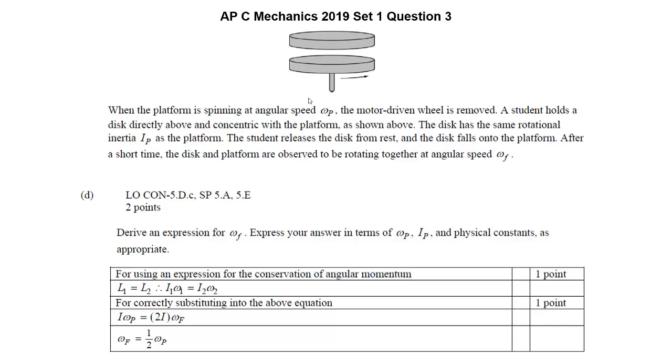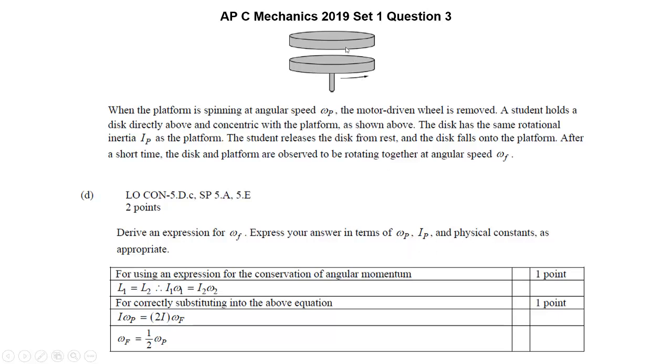Now, if you really think about it, you might even have an answer here without writing anything out, right? However, the question says derive an expression, which means you need to show some work. So unfortunately, although you might be able to figure out this answer in your head, you've got to show your work. And notice it's got to be in terms of omega p and I p and physical constants.